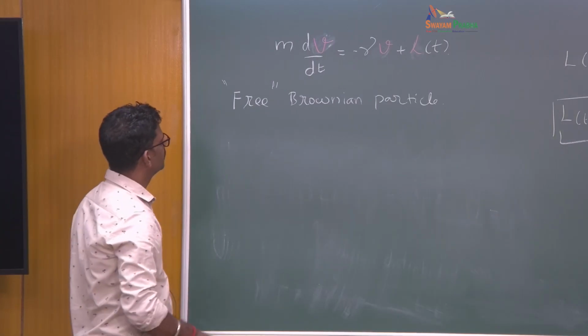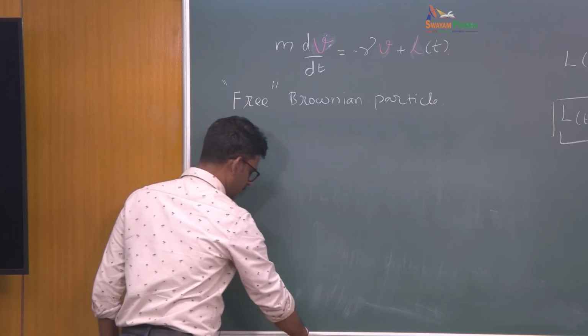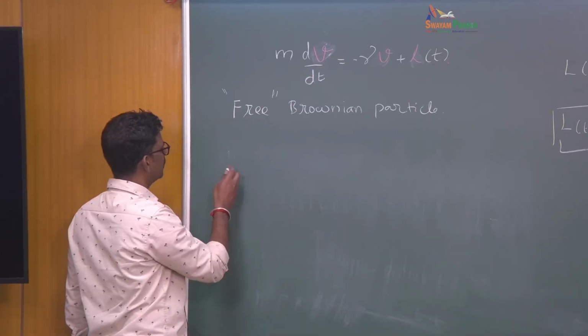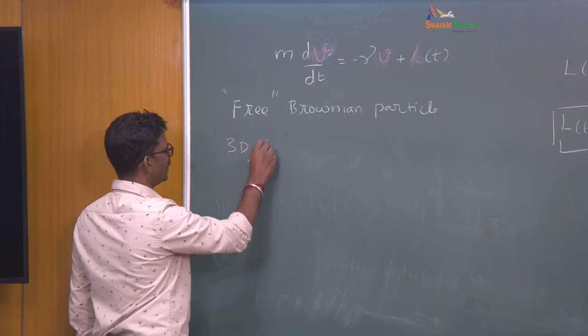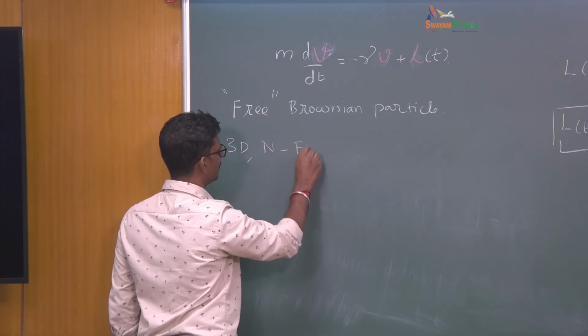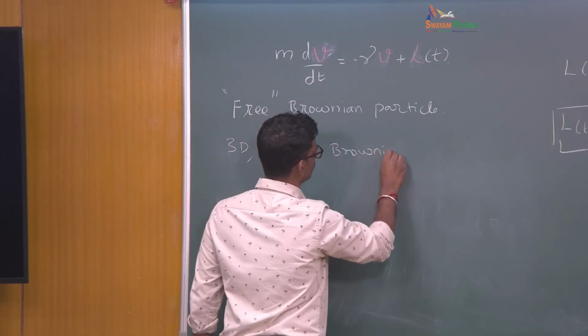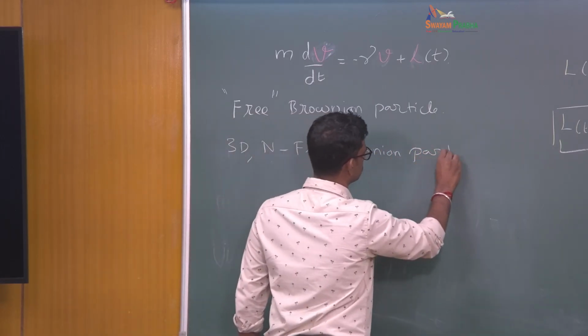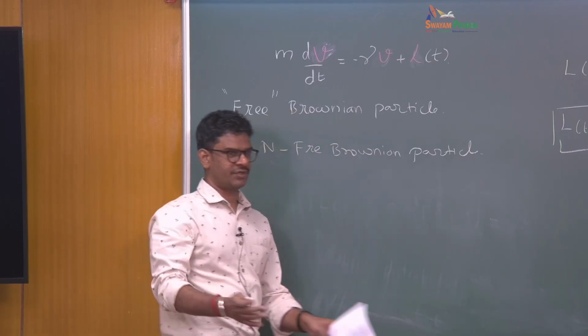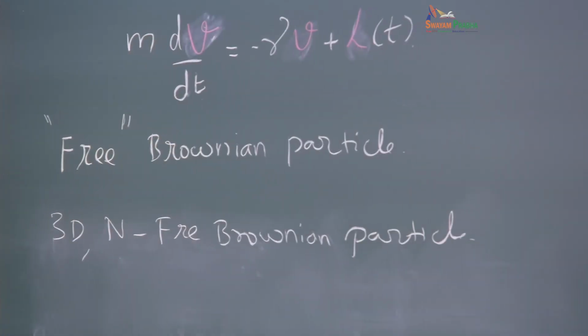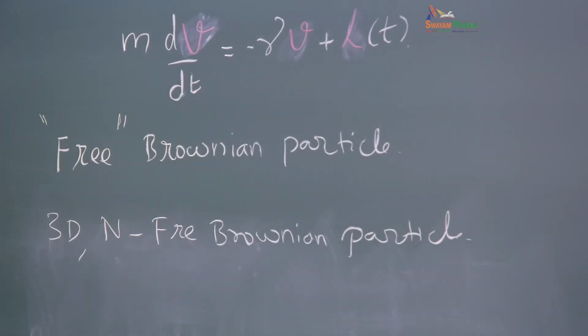And so what we are saying is we can actually do two things. We can say 3D, and also you have, let's say, n free Brownian particles. So then we are talking about a collection of n Brownian particles undergoing free Brownian motion in 3 dimensions.